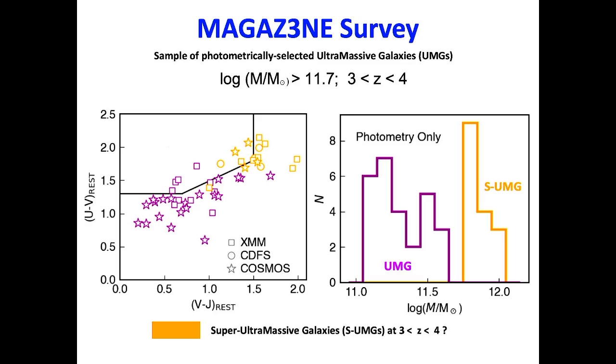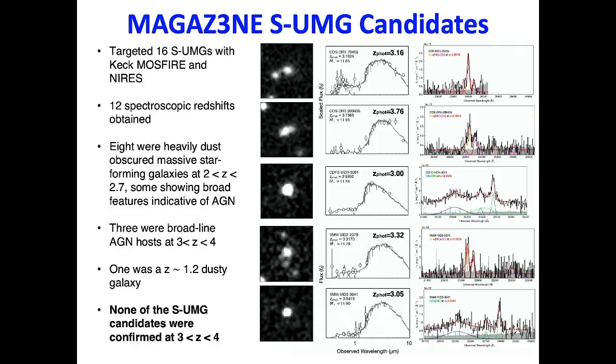So how did we do? Well, these were a rather mixed bag, it turned out. So we targeted 16 super ultramassive galaxies, 15 with MOSFIRE and 1 with NIRES. And of those 16, we managed to get 12 spectroscopic redshifts.